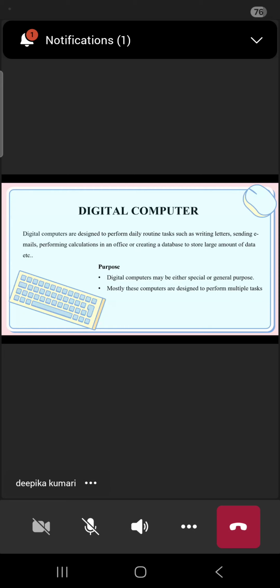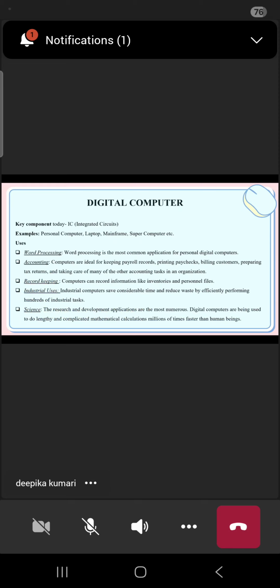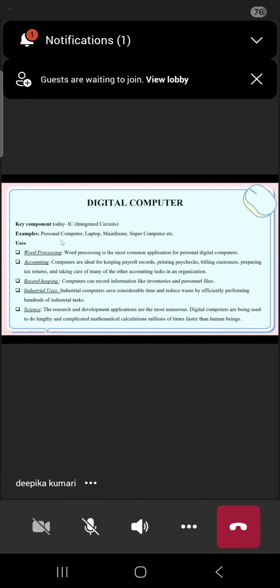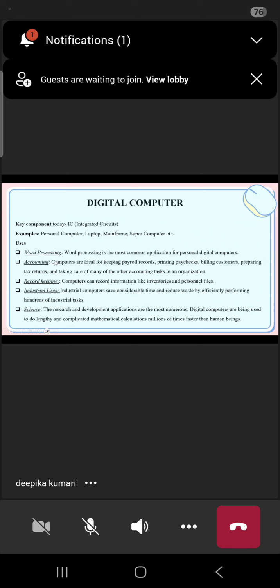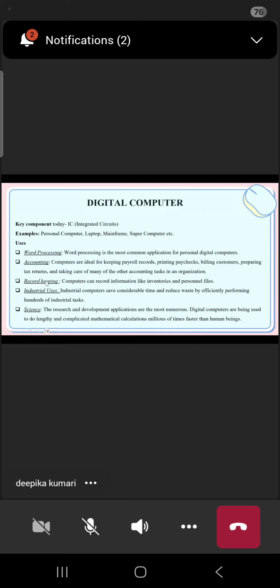Whereas we have studied that in analog computer, special tasks are performed, not multiple ones. Examples of digital computers are personal computer, laptop, mainframe, supercomputers, etc. And the uses for digital computers are word processing, accounting, record keeping, industrial uses, and science.